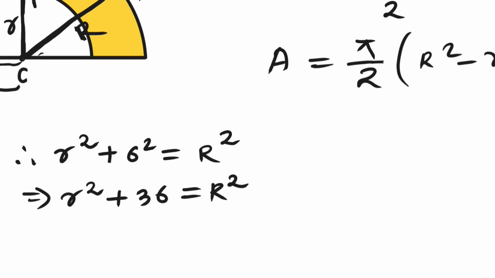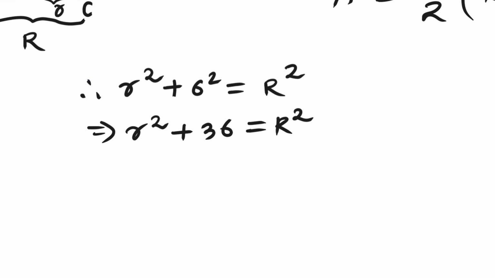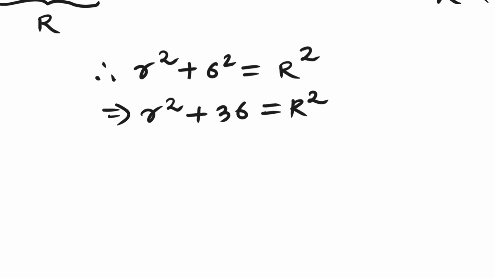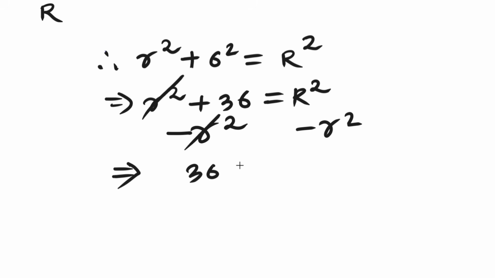Now we want the expression uppercase R squared minus lowercase r squared, because that is exactly what appeared in our shaded area formula earlier. So let's rearrange the equation. Starting with lowercase r squared plus 36 equals uppercase R squared, we can subtract lowercase r squared from both sides. That gives us 36 equals uppercase R squared minus lowercase r squared.